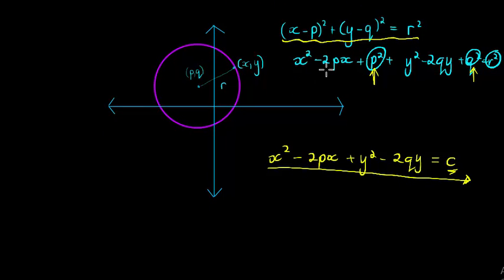Notice the relationship: here we've got 2p in front of the x value, and what we want is p alone and squared. So whatever is in front of the x value, we halve it to get rid of the 2, and then we square it so that we have p squared.